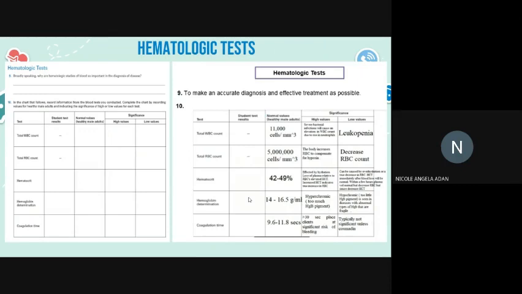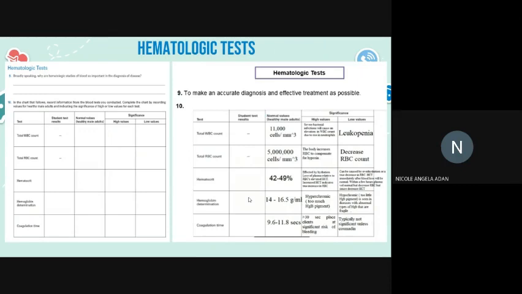For hematocrit, the normal value is 42% to 49%. Hemoglobin determination, the normal value is 14 to 16.5 grams per deciliter. The coagulation time normal value is 9.6 to 11.8 seconds.